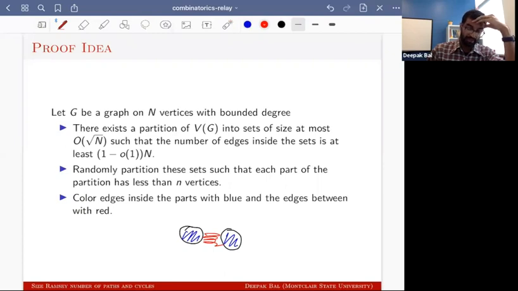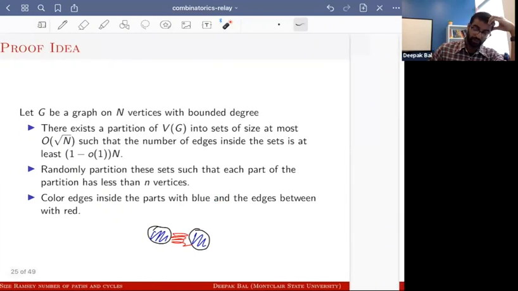Now, if you did this in such a way that the number of vertices in each of these parts is less than n, then you're definitely not going to have a blue Pn. And then, well, if the number of red edges going across is less than little n minus 1, then there's no red Pn either. So that's the whole basis of the argument.